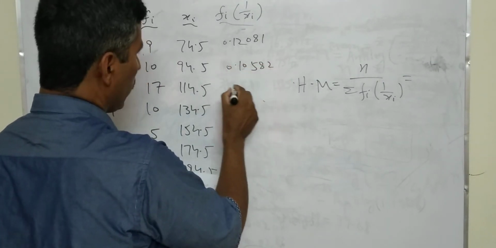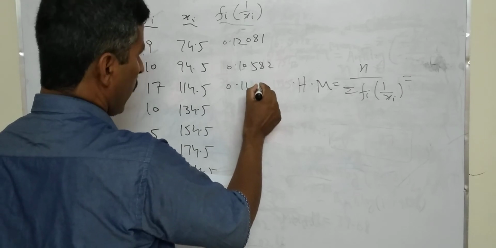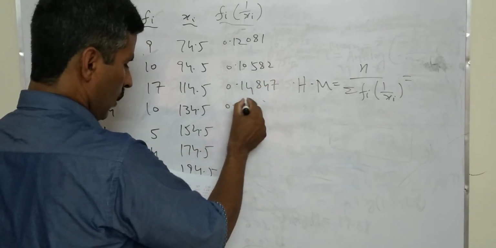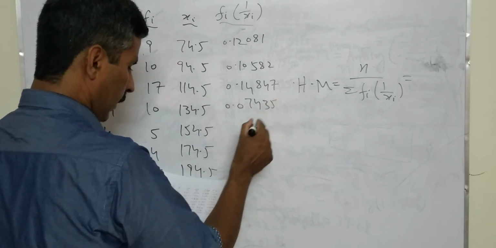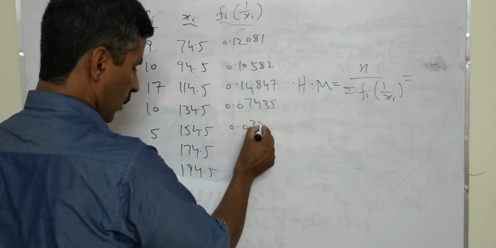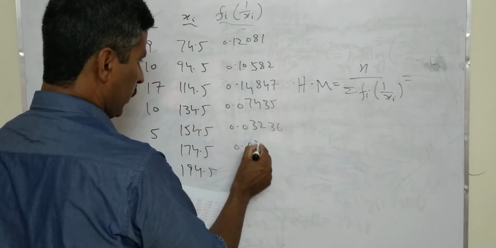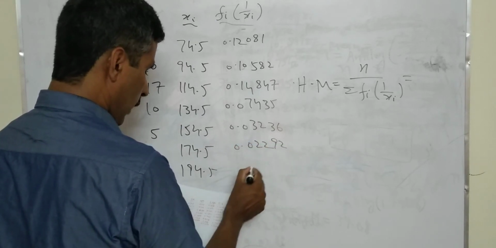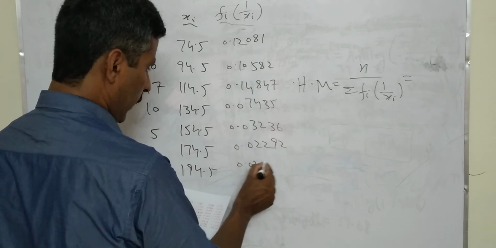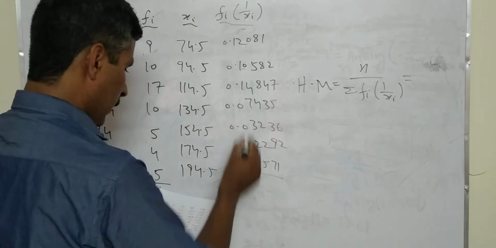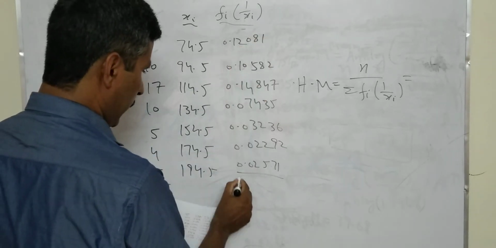The third value you will get is 0.14847, and the next value is 0.07435. Then we have 0.03236, and the second last value is 0.02292. The last value is 0.02571.